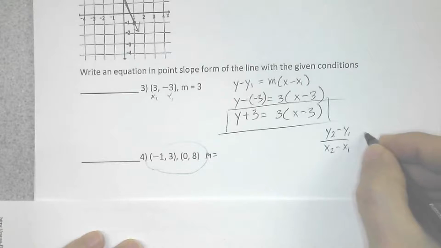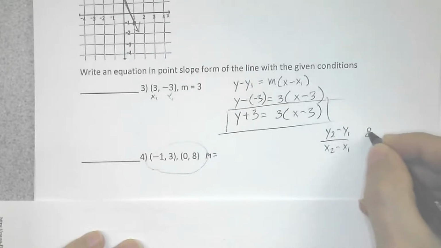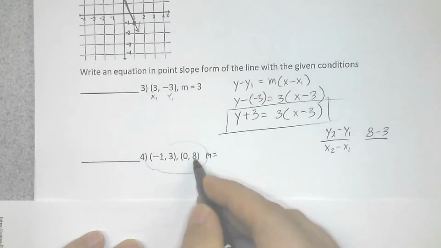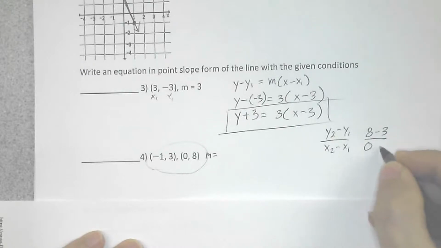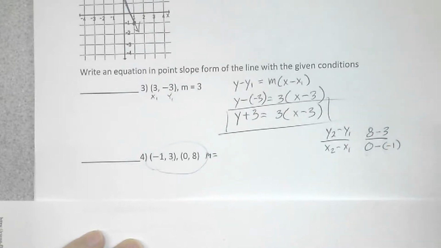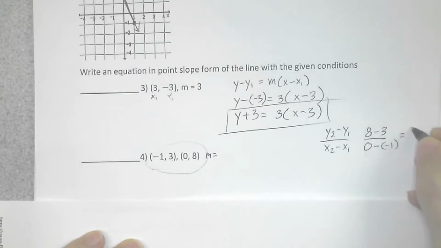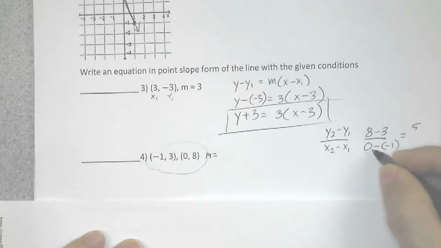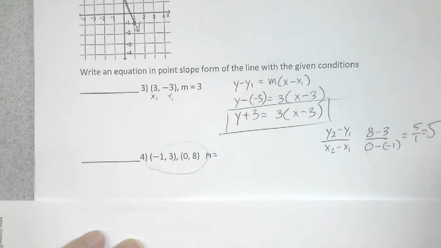So, let's do this. 8 minus 3, my y's, over 0 minus negative 1, my x's. Notice this is from the same point. 8 minus 3 is going to be 5. 0 minus a negative 1, well, minus a negative is plus, so this would actually be 0 plus 1, which is 1. And 5 over 1 equals 5.